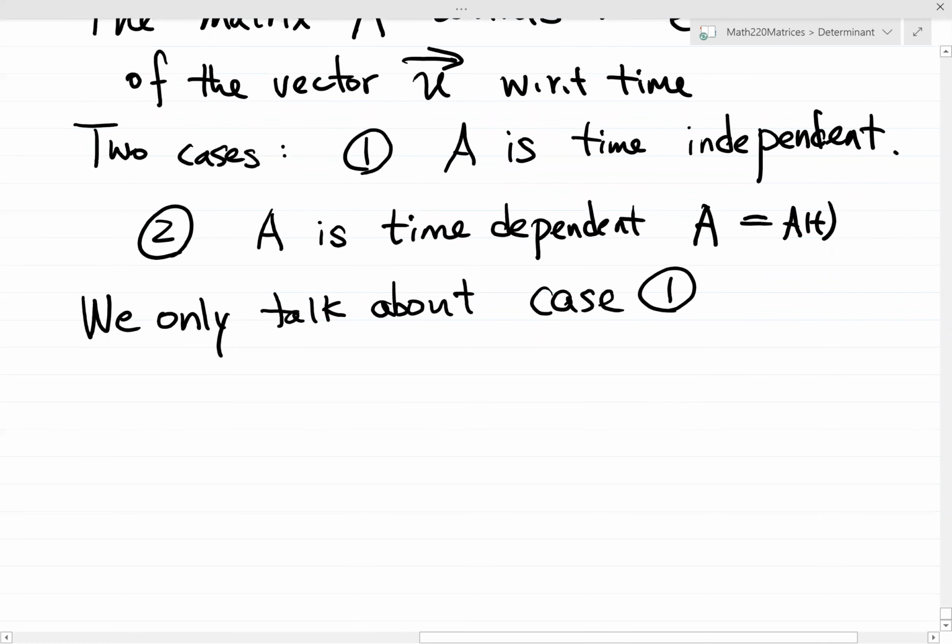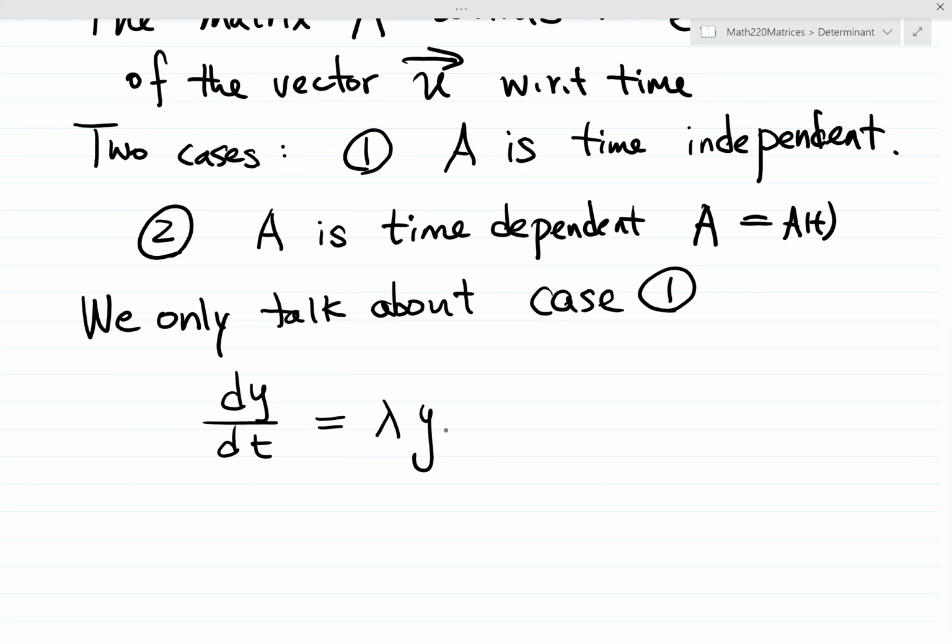Now if we look at the lower degree case, when the matrix is just a 1 by 1 matrix, just a number, a trivial case, for instance, we have dy over dt equals lambda y. The vector is 1 by 1, just a number. Now we just talk about how to solve this differential equation.